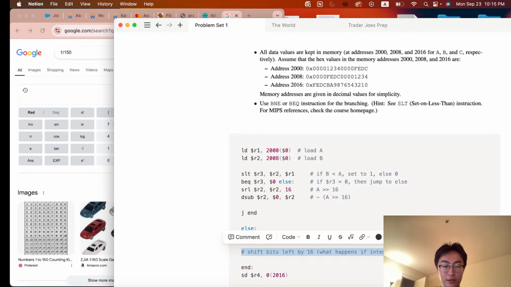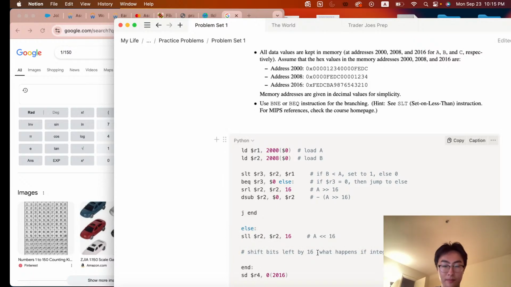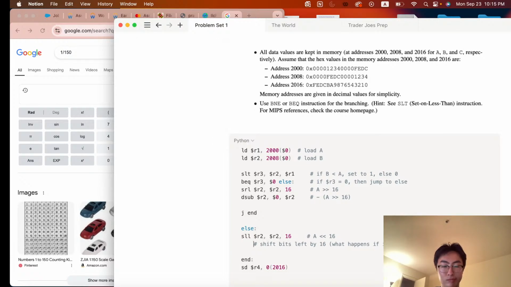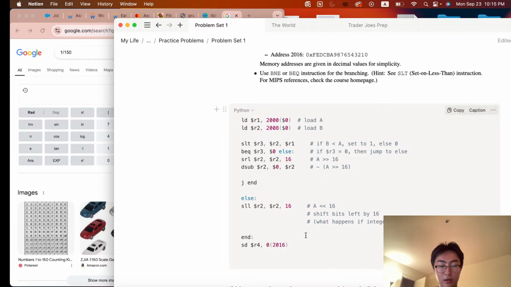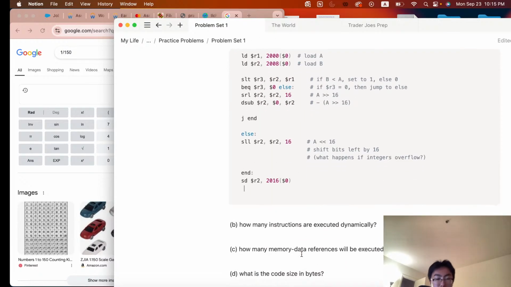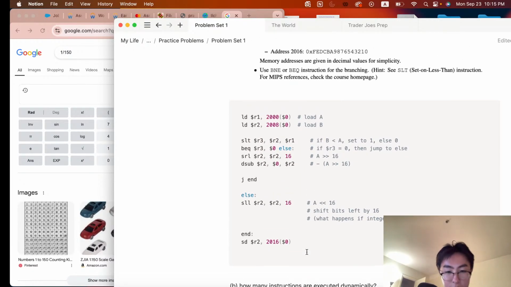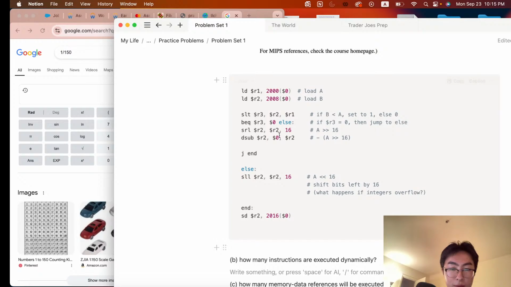Yeah, what happens with integers overflow? Okay, end, just store what we'll do is we'll take 2016, and then we want to store R2, right? Okay. So how many instructions are executed dynamically? I guess, first of all, is this even right?